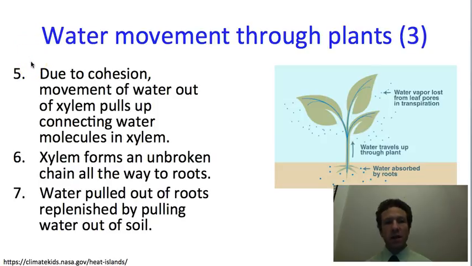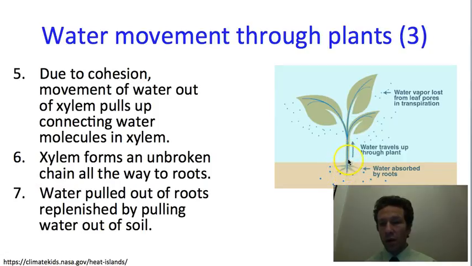Back at the start of this lecture, we reviewed what cohesion is, and here is why cohesion is important today. As water moves out of the xylem into that leaf cell, it is going to literally pull other water molecules behind it. And those water molecules that are getting pulled behind it are in turn connected to water molecules still further back. The result of all of this is that the xylem is going to pull water up in the leaves, through the stem, and through the roots.